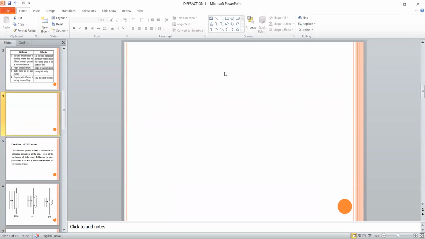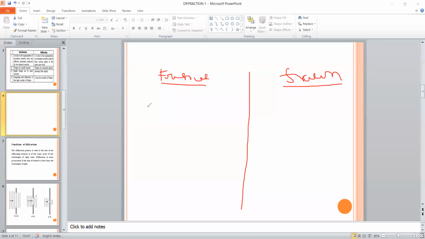So I will clearly explain by drawing some pictures here. Okay. So this is Fresnel and this is Fraunhofer. Now, in Fresnel and Fraunhofer, how the source and screens are arranged.